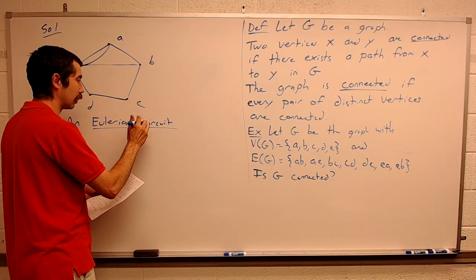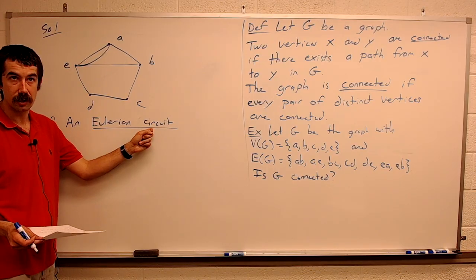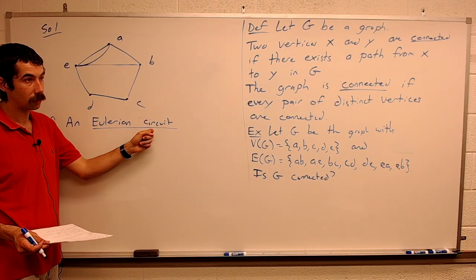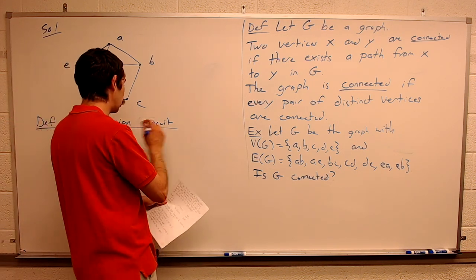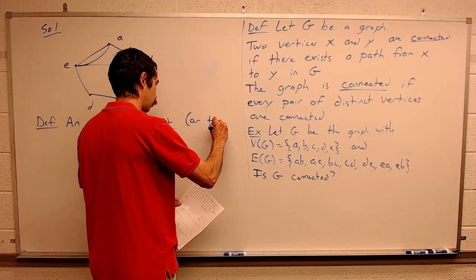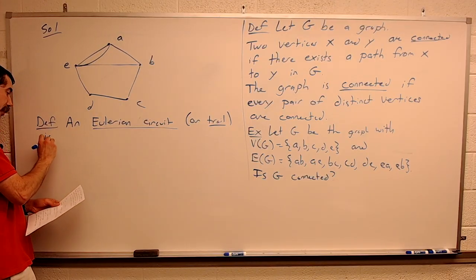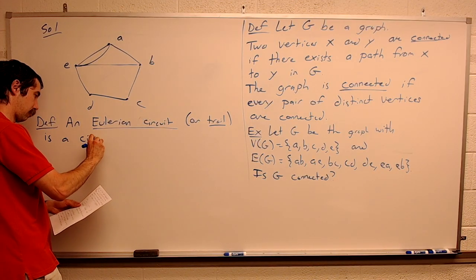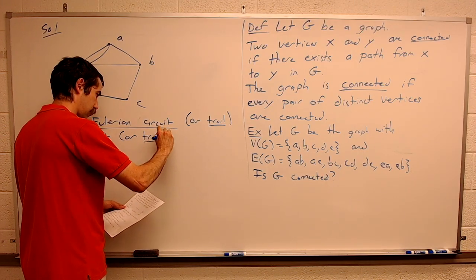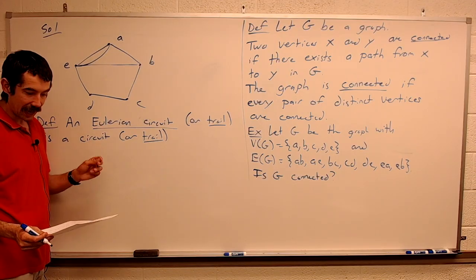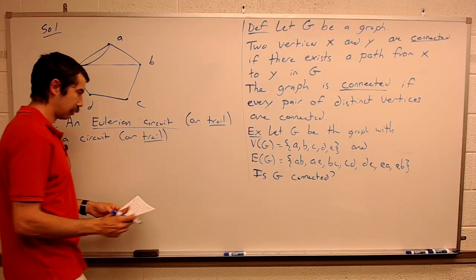Okay, so what is an Eulerian circuit? Well, of course, it's going to be a circuit. What is a circuit? It's a closed trail. What is a trail? No repeated edges. So an Euler circuit or trail is a circuit or trail that contains every edge and vertex of the graph.